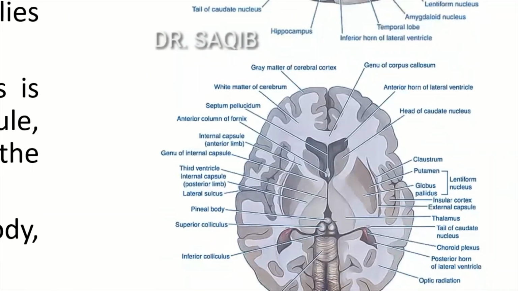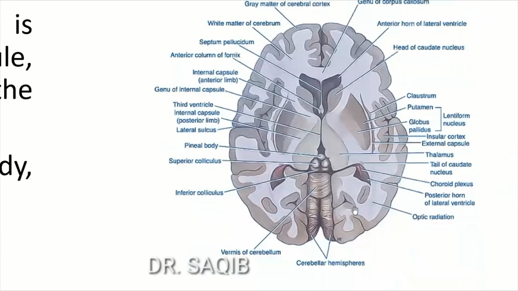Yes, this is the caudate nucleus, its head, and this here below it is the tail of the caudate nucleus, right? And this is the internal capsule, the labeling is over here, internal capsule. This separates it from the lentiform nucleus, its putamen part.